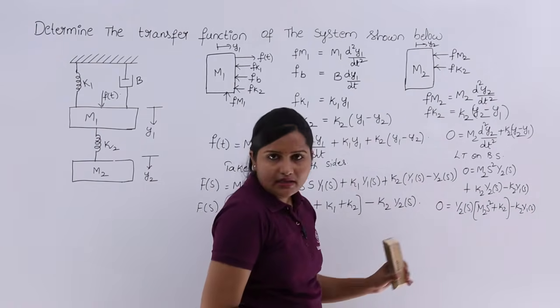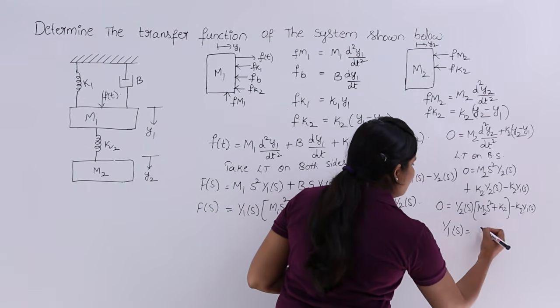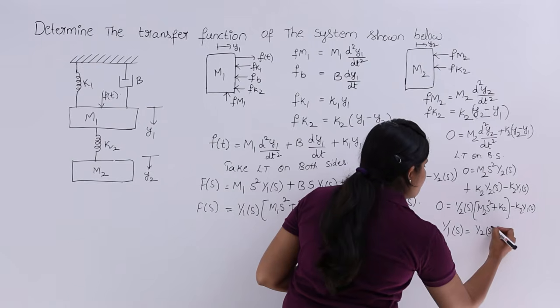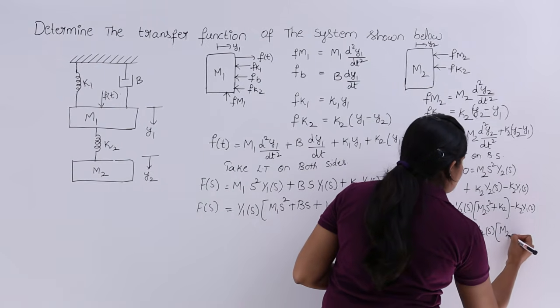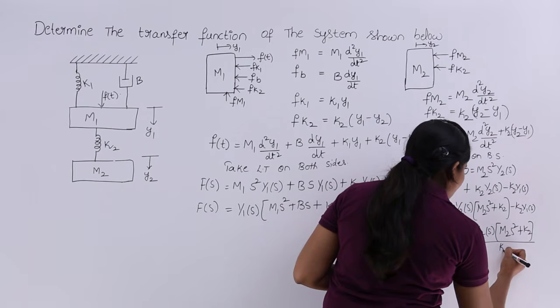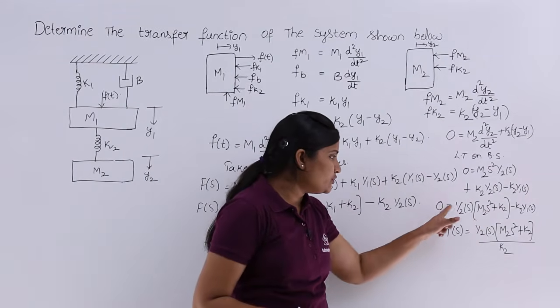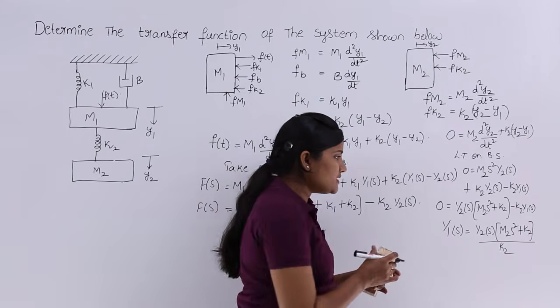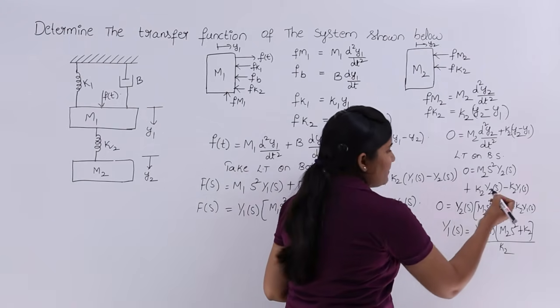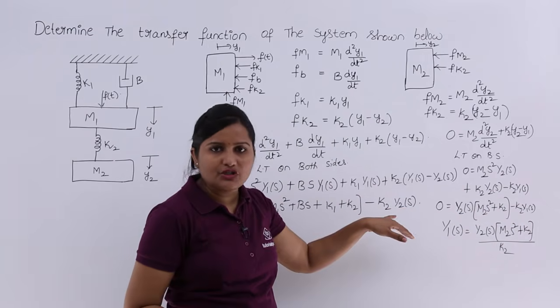By this I can write y1 of s is equivalent to y2 of s into (m2 s square plus k2) divided by k2. So I send this term to this side, and this k2 I send as denominator.